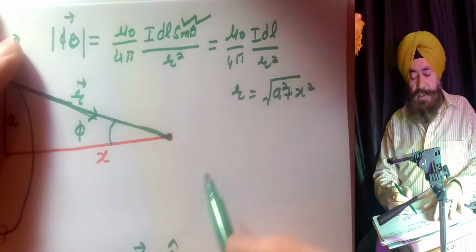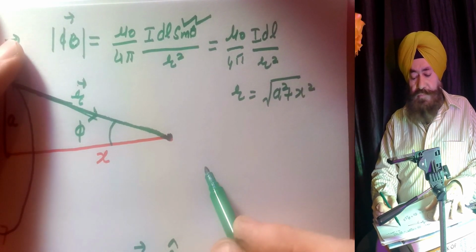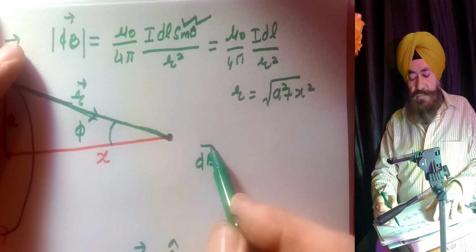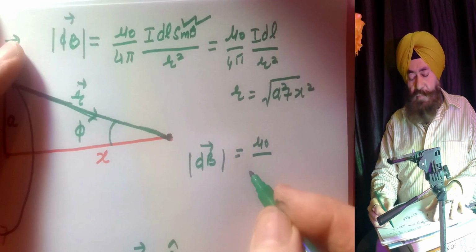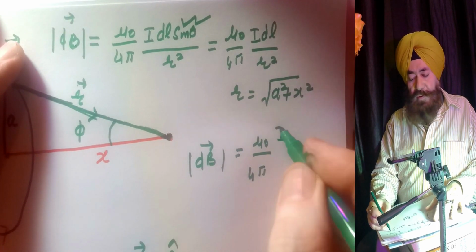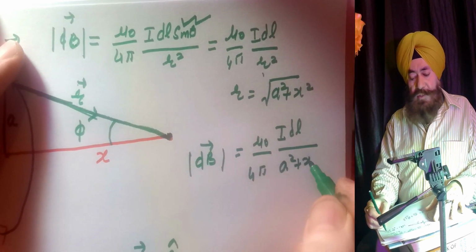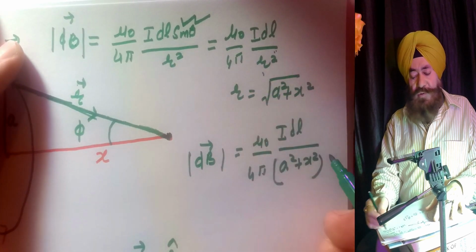So in magnitude the formula becomes dB equals mu naught over 4 pi, I dl upon a square plus x square, because r is to the power half and the square cancels.